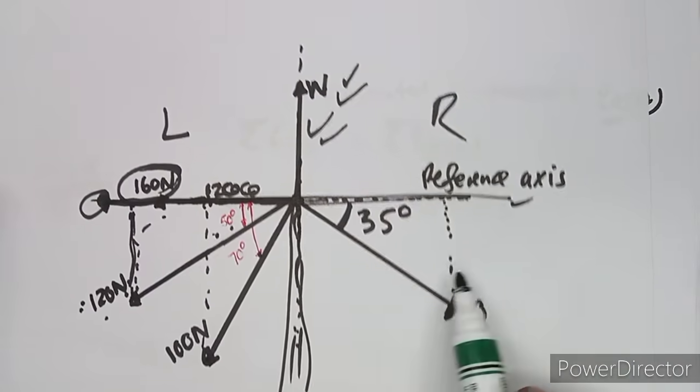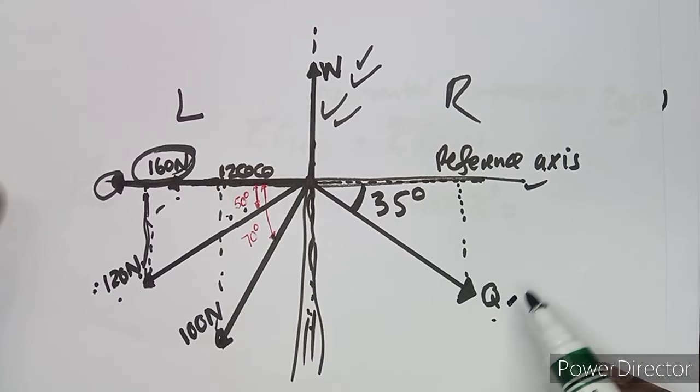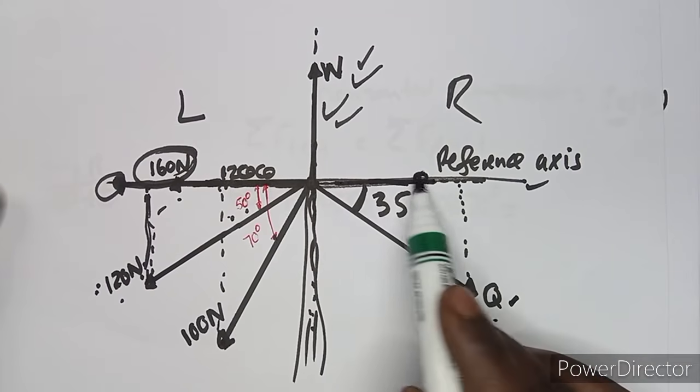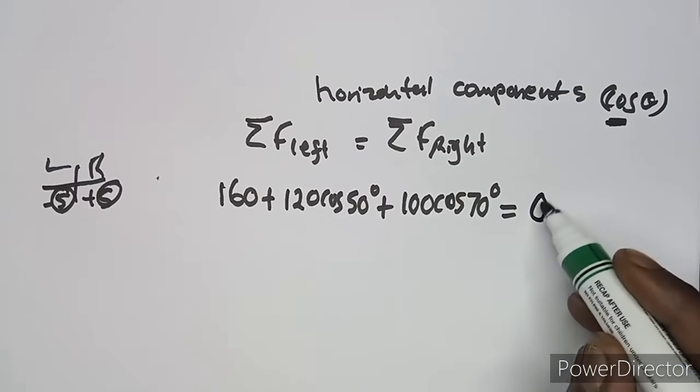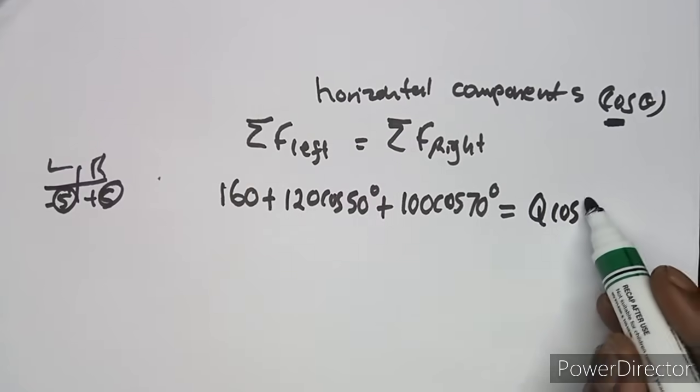On the left you are done. Let's move on to the right. To the right you have Q, which is going to be taken in the horizontal. There's an angle between Q and the horizontal line, so it's going to be Q cos 35 degrees, which is the angle between.